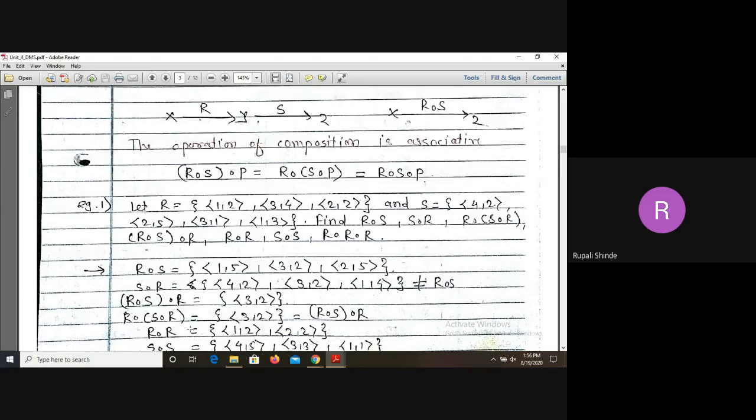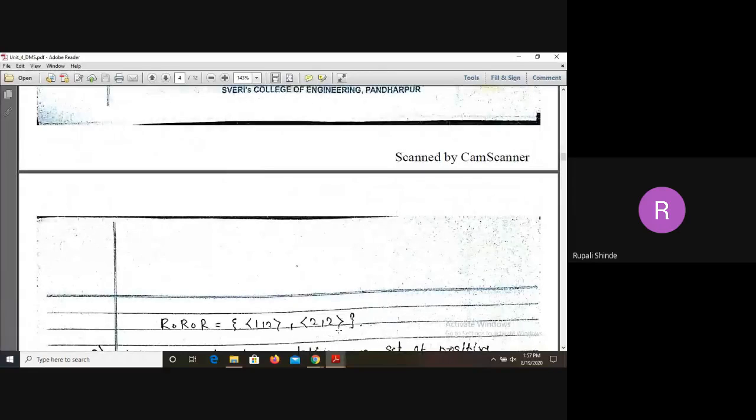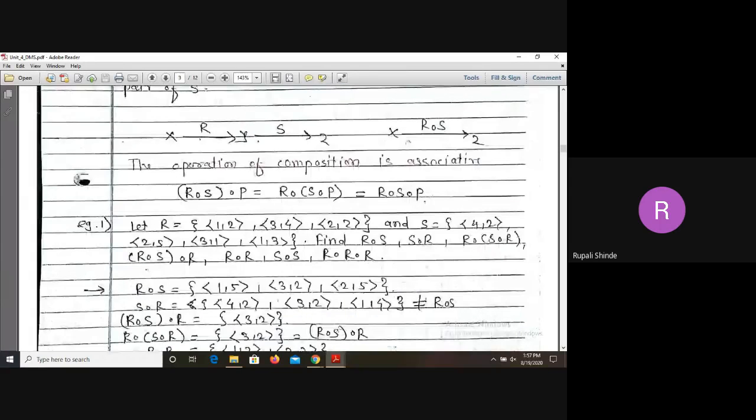We have already solved the value for R composition R. Now take its composition with relation R. So you will get R composition R composition R. Ordered pairs 1 comma 2 and 2 comma 2. Yes, correct. So in this way we can find composition between any number of relations.